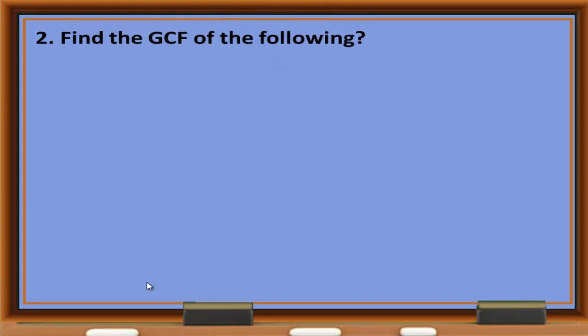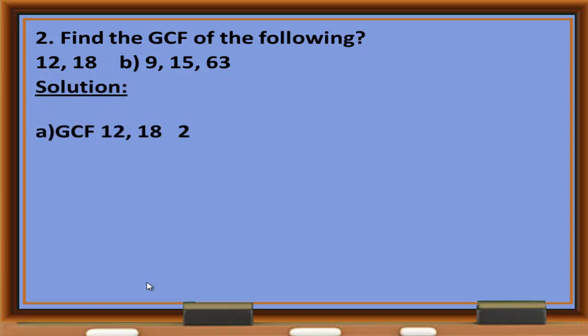Number 2. Find the GCF of the following. Question A, 12 and 18. Question B, 9, 15, 63. Solution. A. GCF for 12 and 18. Let's use the prime factorization.